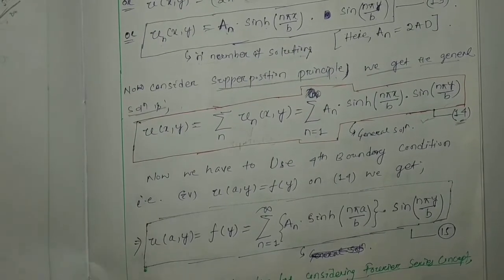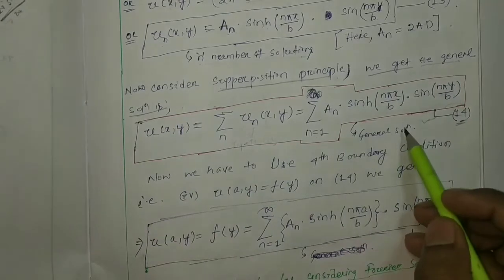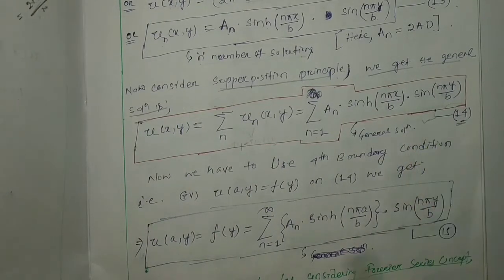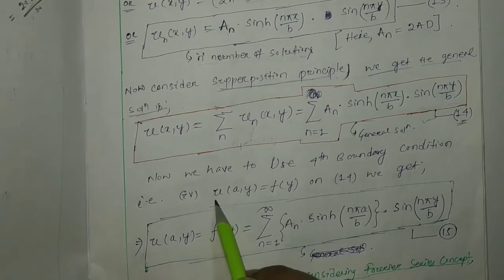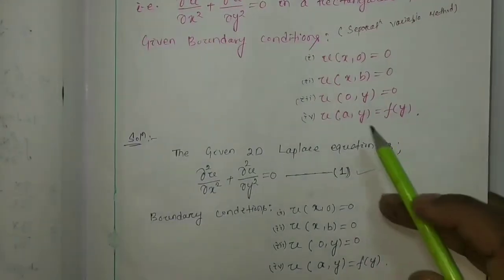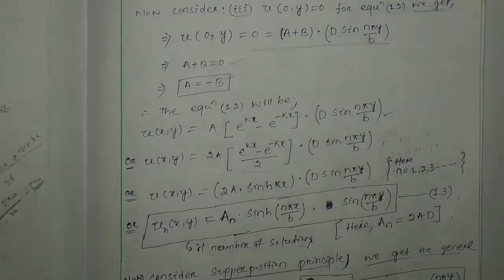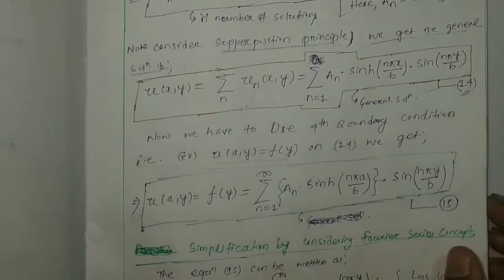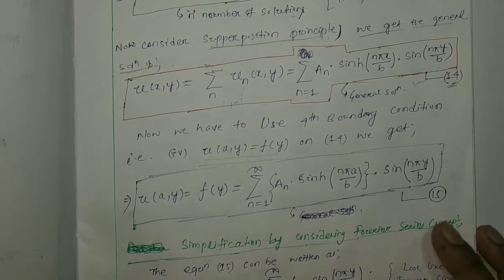You can see that up to this much we have used three boundary conditions. The last boundary condition is this one, u(a,y) equal to f(y). That we have to use, and we are going to get the final solution.